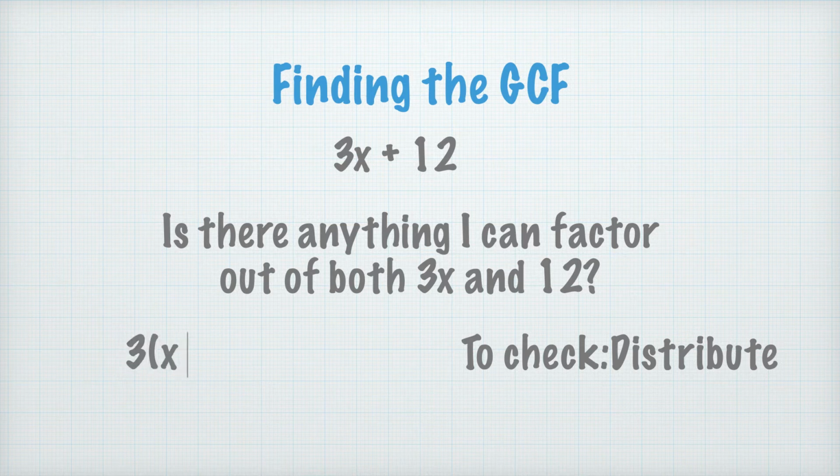So I can factor out 3 from both terms, and when I do that, I get 3 times the quantity of x plus 4. To check, you can use the distributive property and make sure that you did it correctly. So 3 times x is 3x, 3 times 4 is 12, and 3x plus 12 is what we started out with.